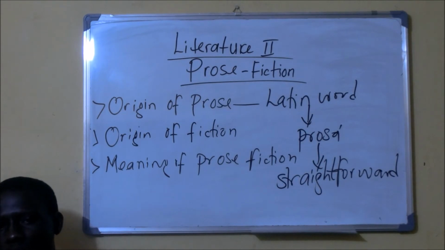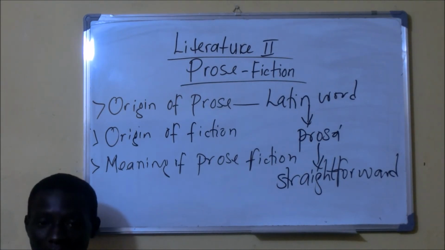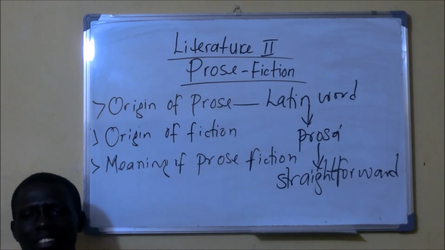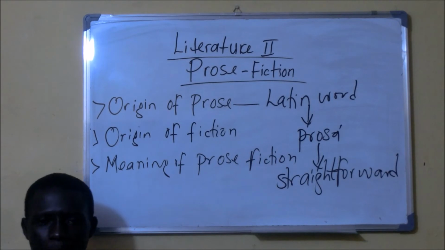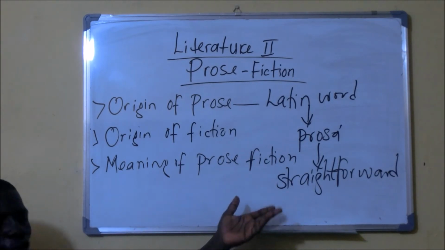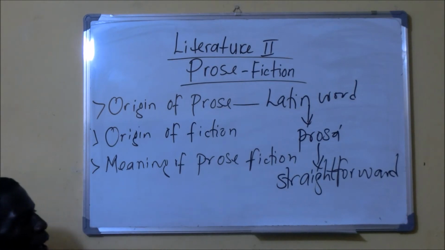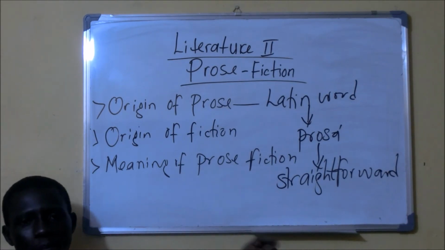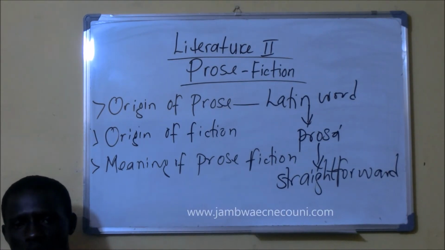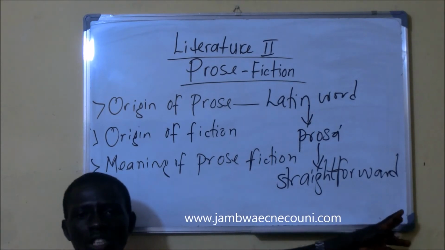Examples of prose work we have are essay writing, magazines, journals. As a matter of fact, all the write-ups in newspapers, journals and magazines are products of prose work. And that's why prose, by its etymological origin, simply means straightforward.